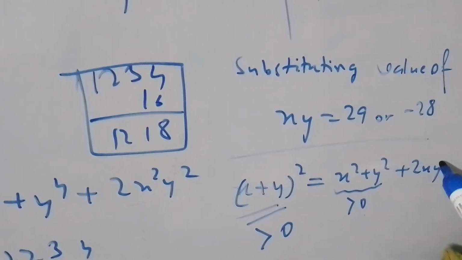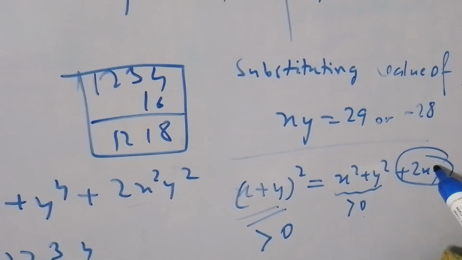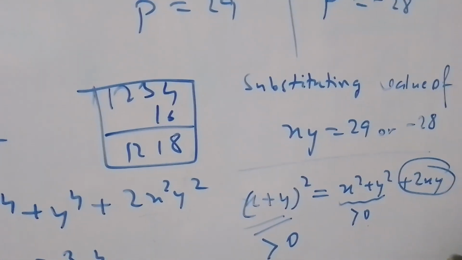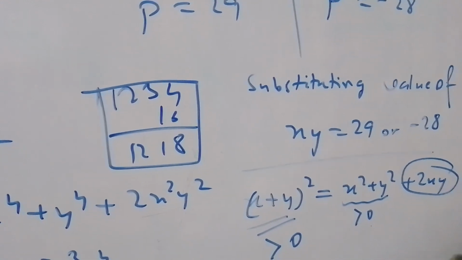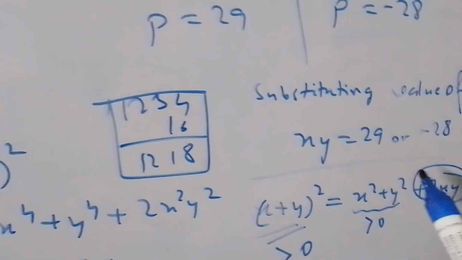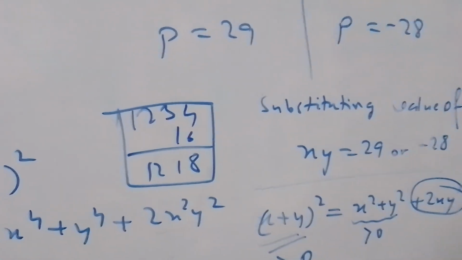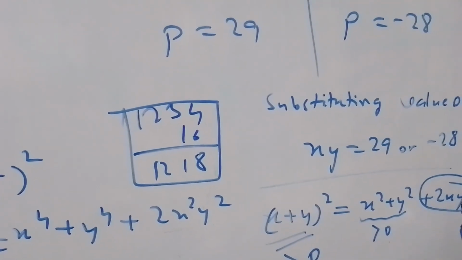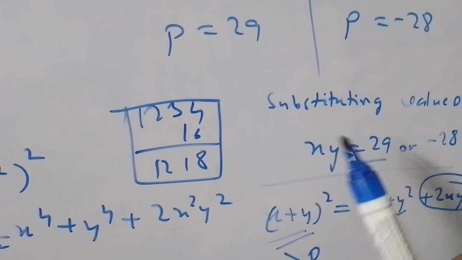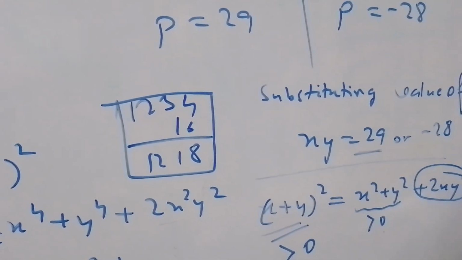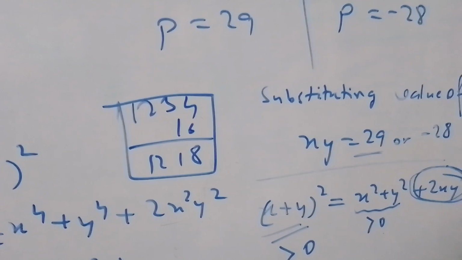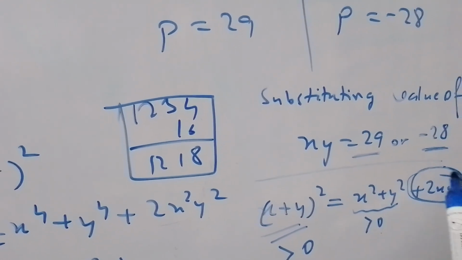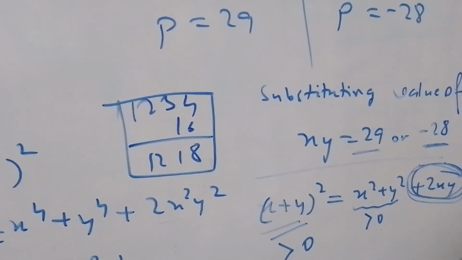We need to think about this part because this only has the xy term. If we get 29 over here, then this part will be greater than 0, and if we take the other value, this part will be less than 0.